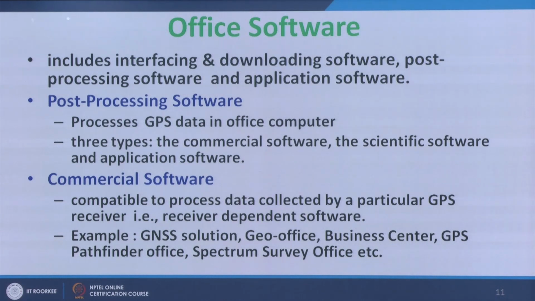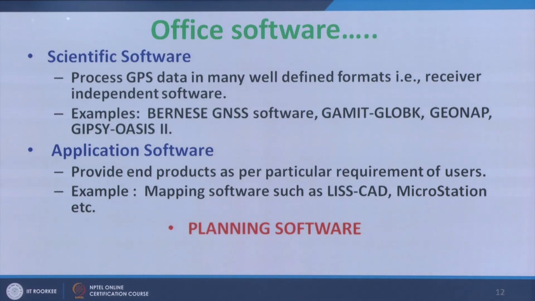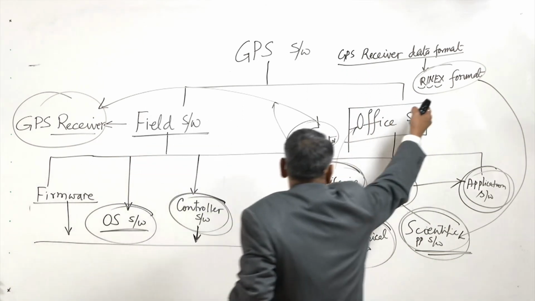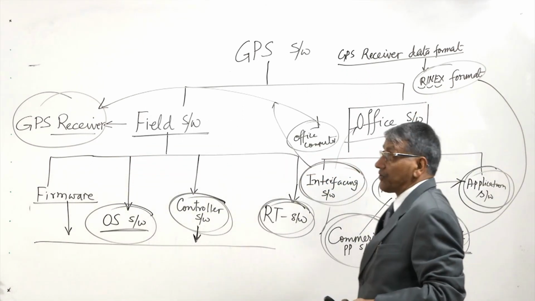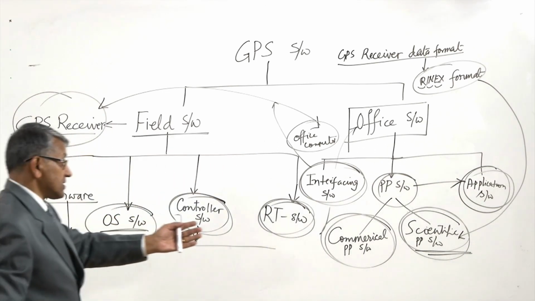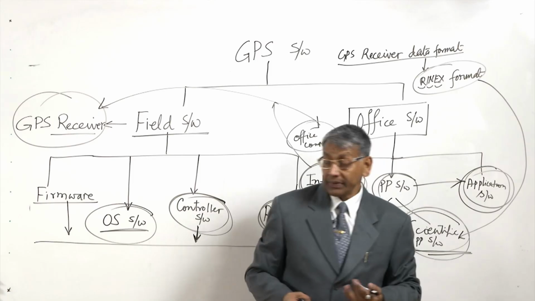Scientific software processes GPS data in many well defined formats and is receiver independent. The idea behind it is that all the data has to be converted to a standard format called RINEX format, and that RINEX format data will be imported to scientific post processing software and processed there.